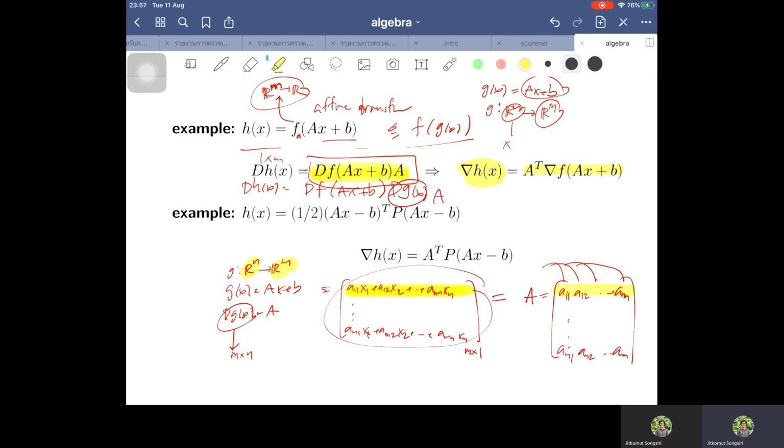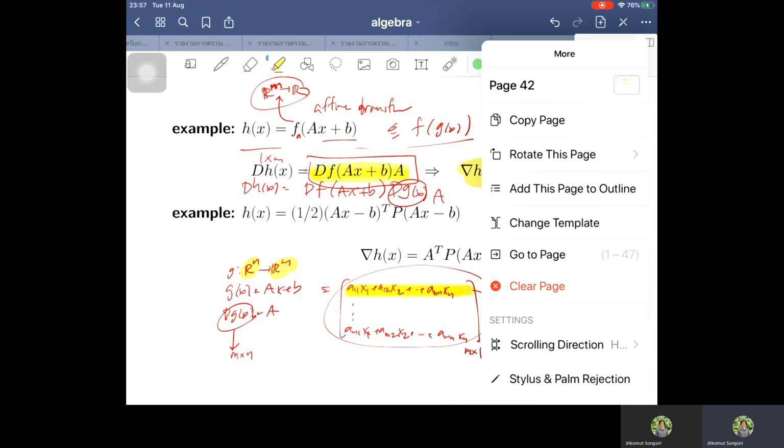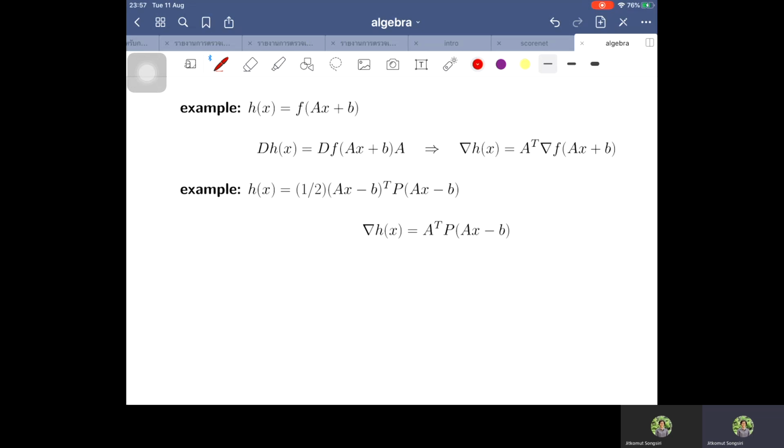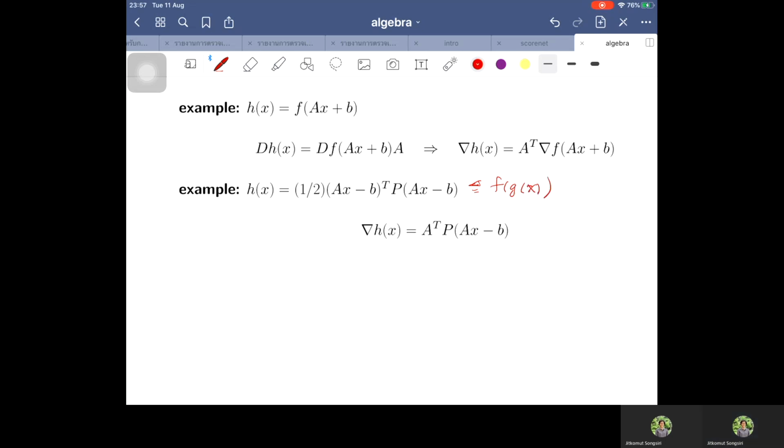How about the last example? It looks like some composite function. Now think about what the function f and function g would be. Your f is supposed to be 1/2 x transpose Px, and your Gx is the vector valued function.